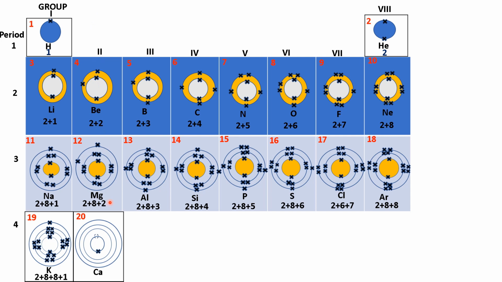Calcium is present in group number 2 and in period number 4. 2 plus 8 plus 8 plus 2. This is 20, called proton number, and this is called electron shells, and this is the electron distribution.